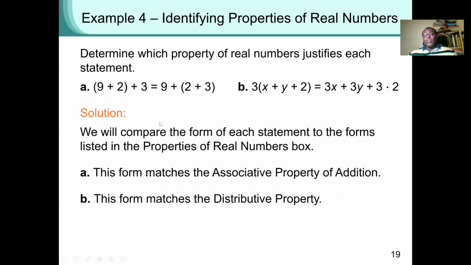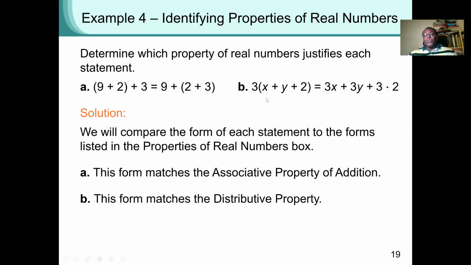Then here we're going to determine which property of real numbers justifies each statement. So we have 9 plus 2 in the parentheses plus 3 equal to 9 plus 2 plus 3.